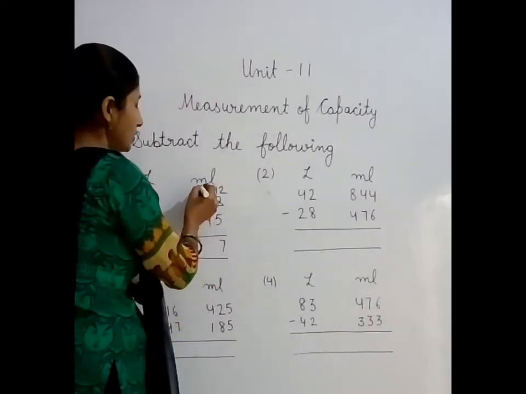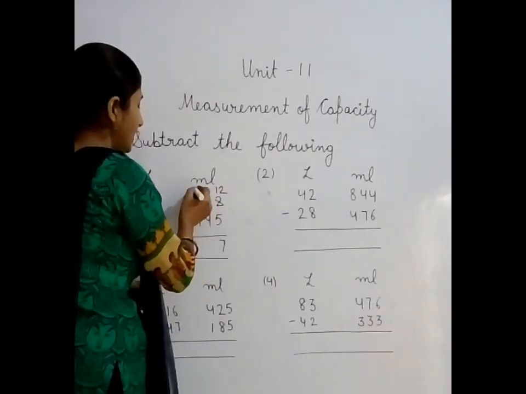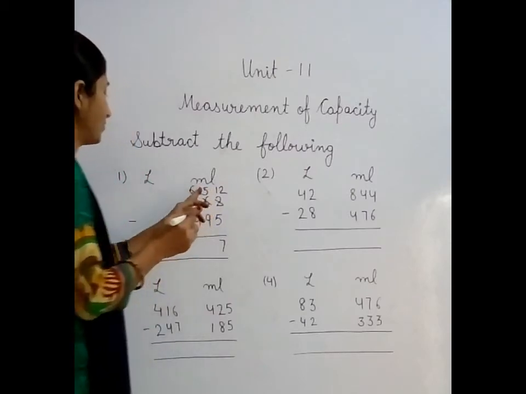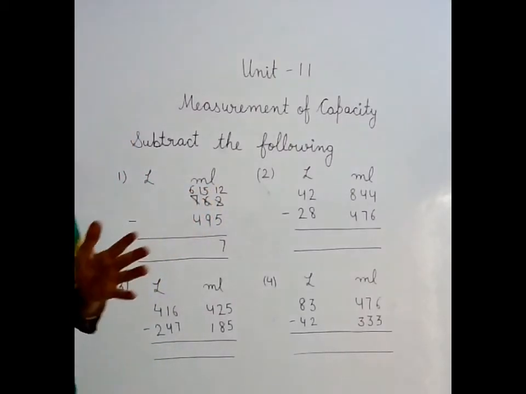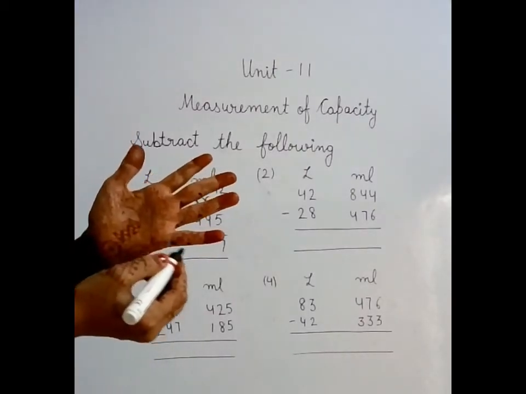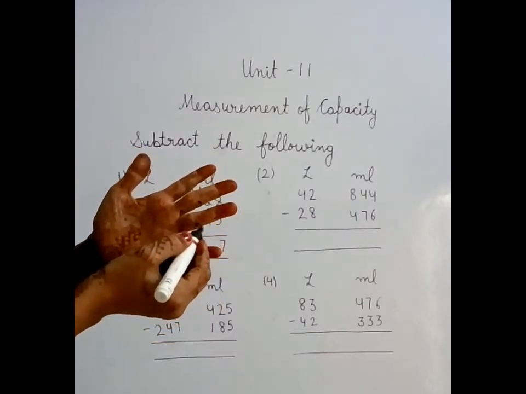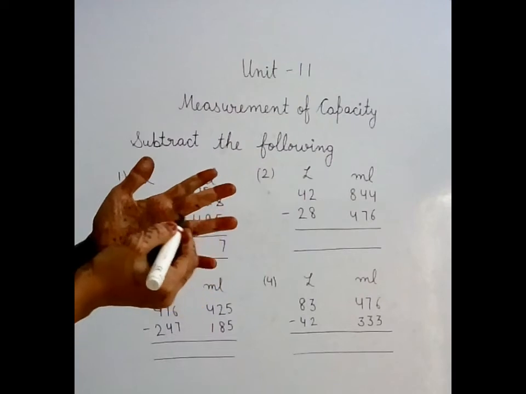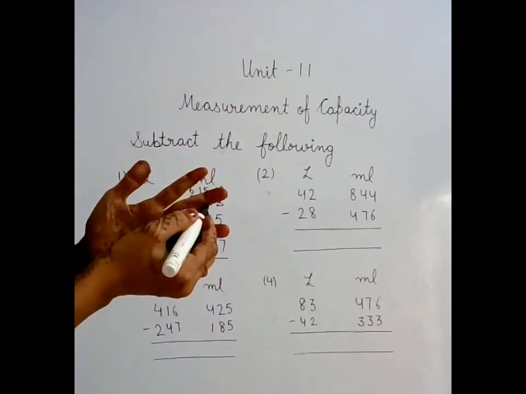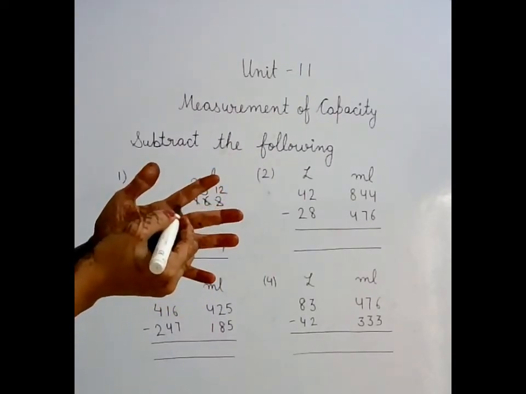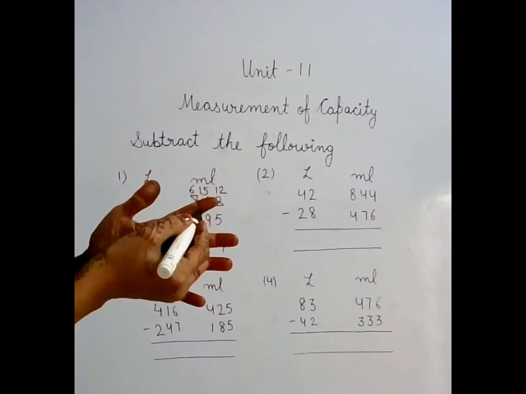Taking borrow, so here is 15 and here is 6. 15 minus 9. Count on your fingers. 1, 2, 3, up to 15.